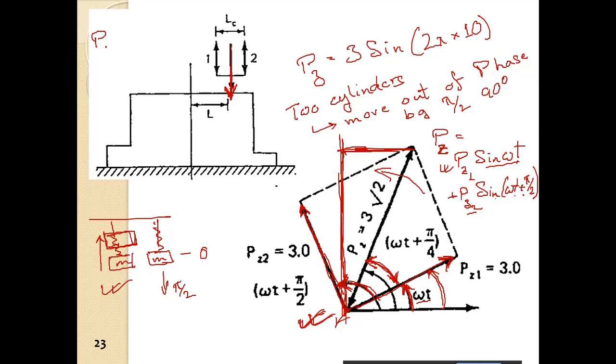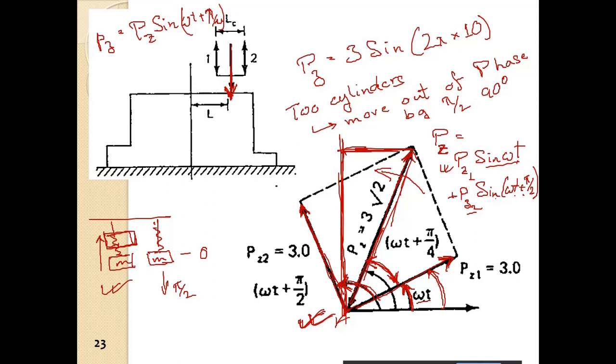Ultimately the total force, if I write it as small pz, is equal to capital Pz, which is this magnitude, into sine of omega t plus pi by 4.